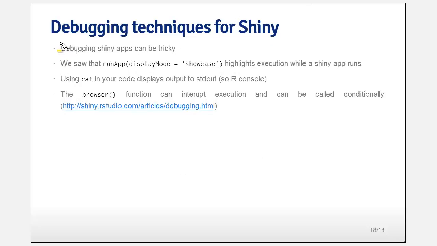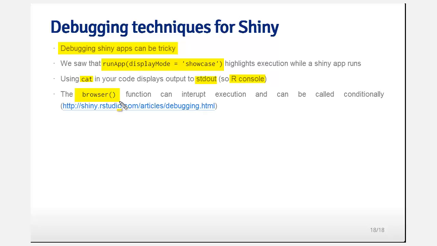Let's talk about debugging tools. Debugging Shiny apps is kind of annoying because it's not a core part of R. It's built on top of R. I find display mode equals showcase incredibly useful. You can also use cat, like the C programming language function cat, which just displays text to standard out, so the R console in this case, usually, if you're running runApp from the R console.